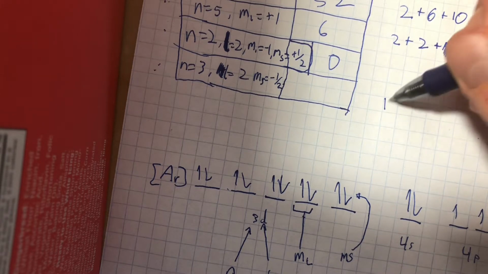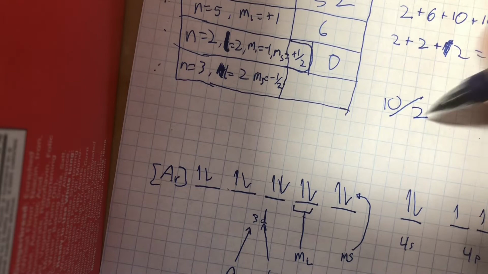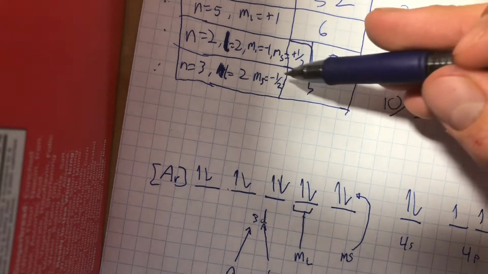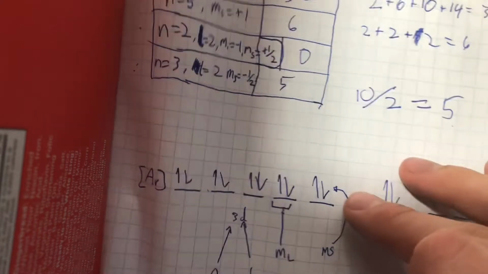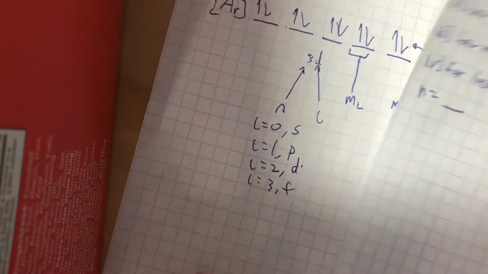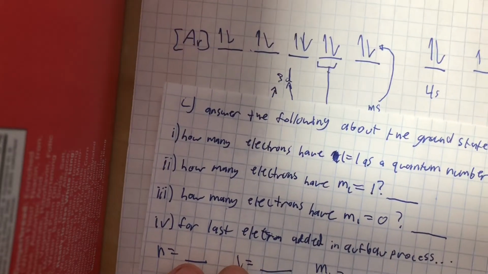So there's 10 electrons in the 3D subshell. And just divide by 2, and that will equal 5. And that is your answer. Because only half of them can have this negative 1/2 spin, because the other half would have the plus 1/2 spin.